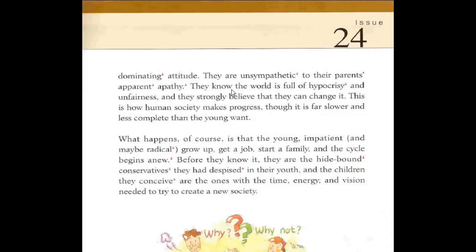They know the world is full of hypocrisy and unfairness, and they strongly believe that they can change it.